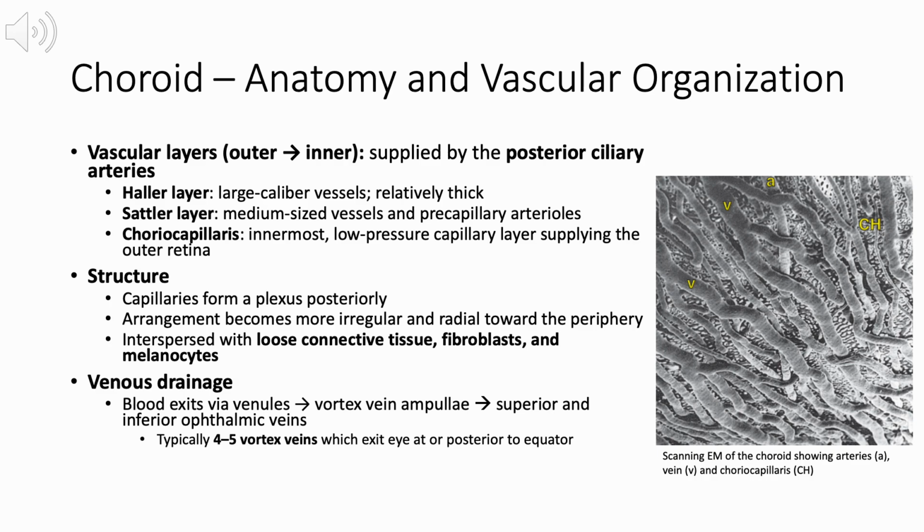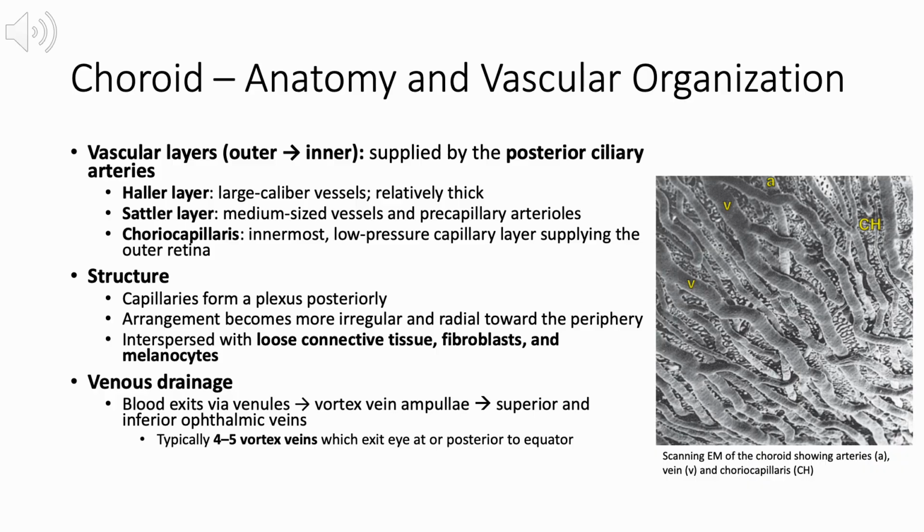The innermost vascular layer is the choriocapillaris, a low-pressure capillary network that supplies the outer retina. Structurally, choroidal capillaries form a plexus posteriorly. As the choroid extends toward the periphery, the vascular arrangement becomes more irregular and radially oriented. The vascular layers are interspersed with loose connective tissue, fibroblasts, and melanocytes, contributing to the overall architecture of the choroid.